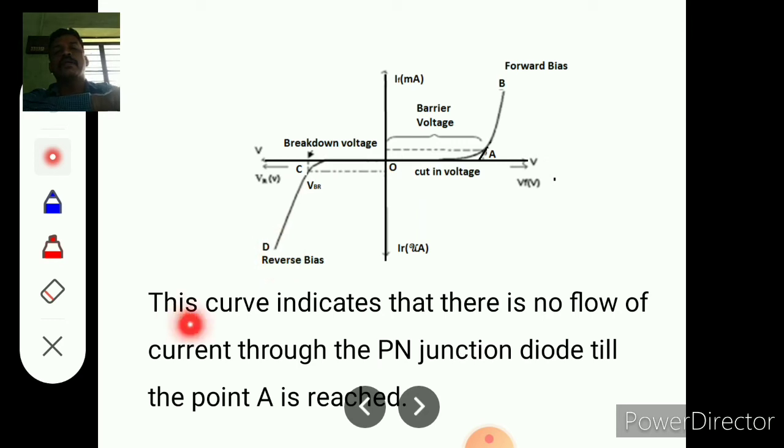This curve indicates that there is no flow of current through the PN junction diode till point A is reached. So up to this point A the current is 0, meaning the charge carriers cannot cross the barrier potential, but after that they can easily cross the barrier potential and therefore the current increases sharply.